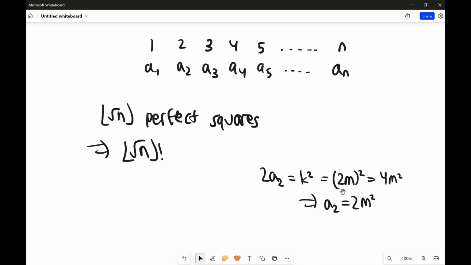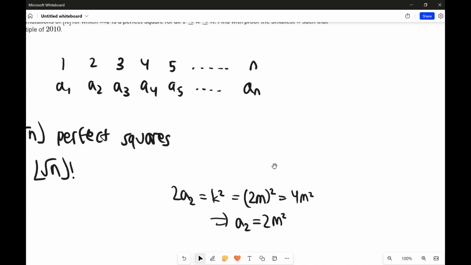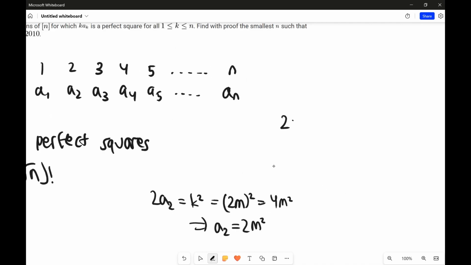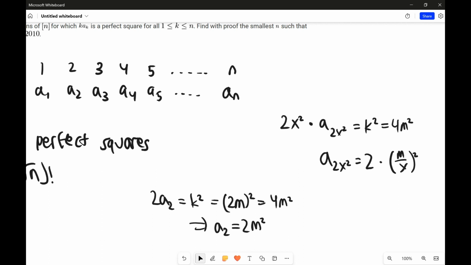Because things work nicely with perfect squares, we might want to generalize for numbers of the form 2x squared. Then 2x squared times a of 2x squared is equal to some number k squared, which we write as 4m squared. Therefore a of 2x squared is equal to 2 times (m over x) squared.